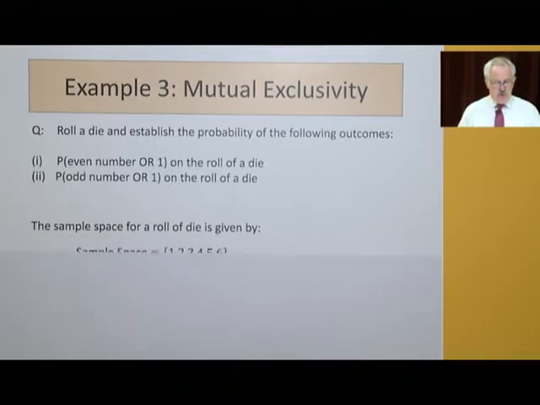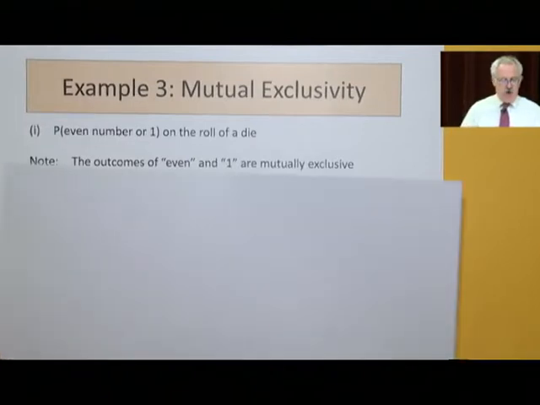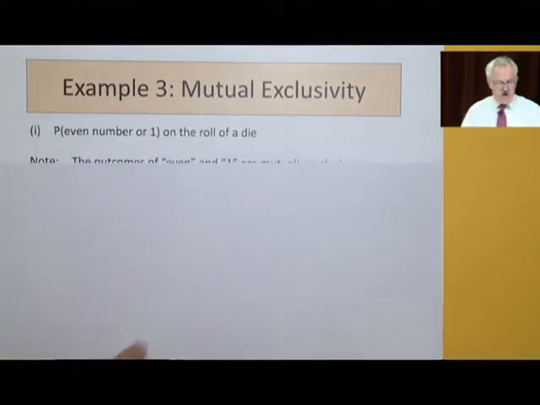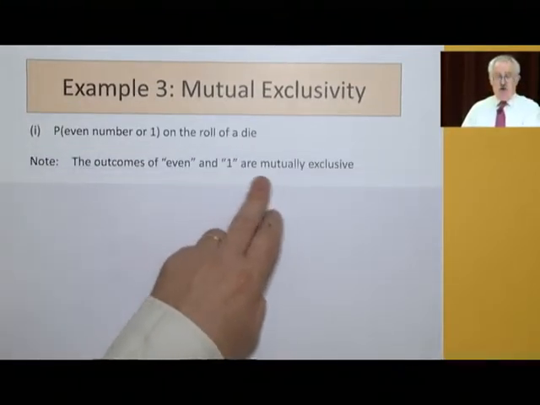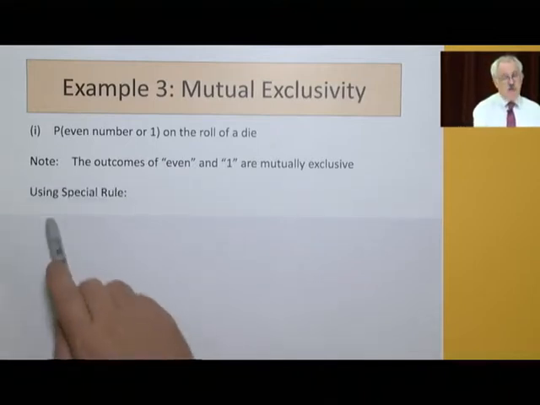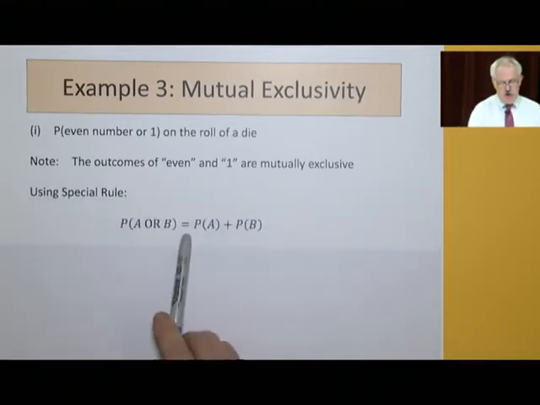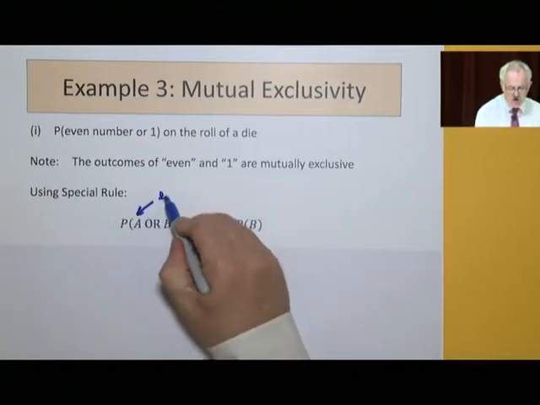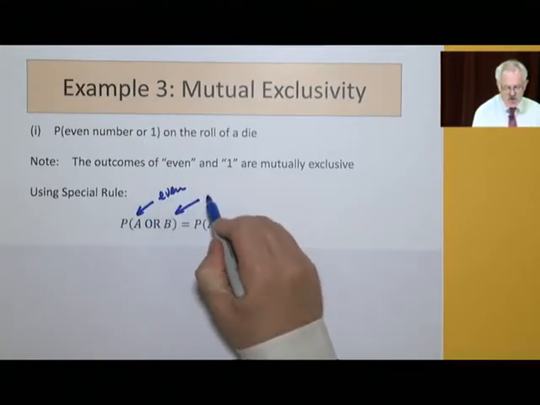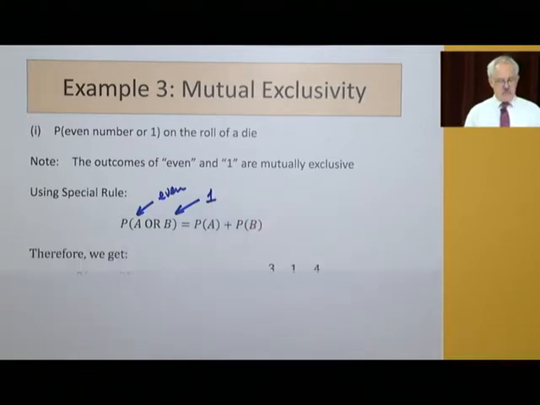The sample space for a roll of a die is given by 1, 2, 3, 4, 5, and 6. If we look at an even number or a 1 on the roll of a die, the outcomes of even and 1 are mutually exclusive. Using the special rule, P(A or B) is P(A) plus P(B), where A is the word even, and B in this case is 1.